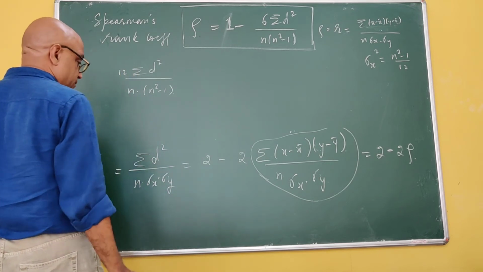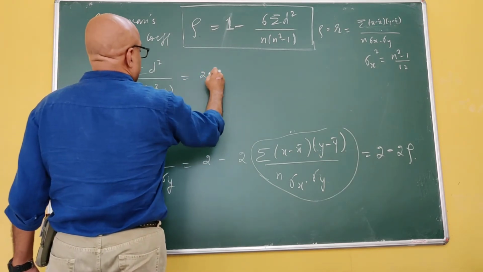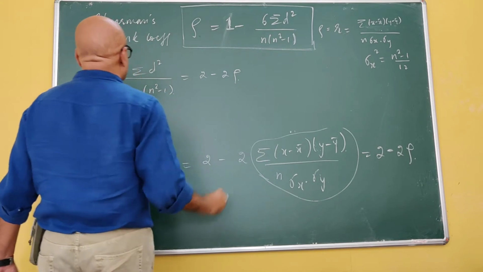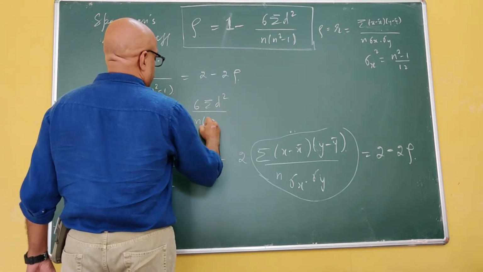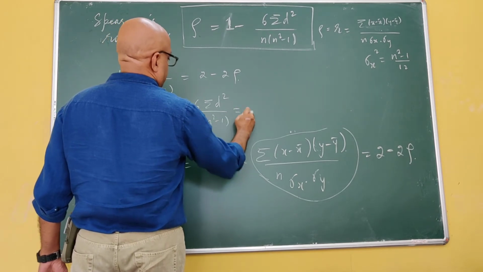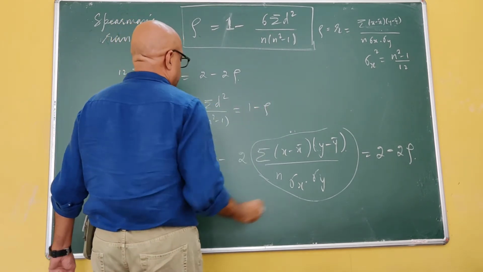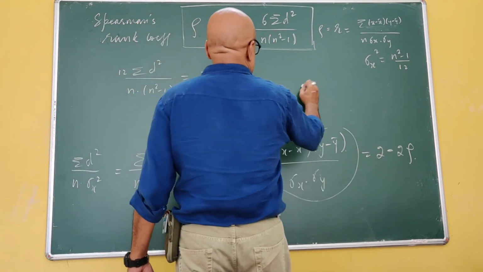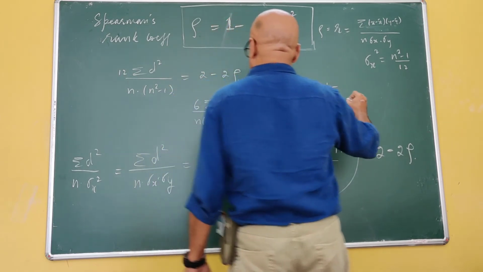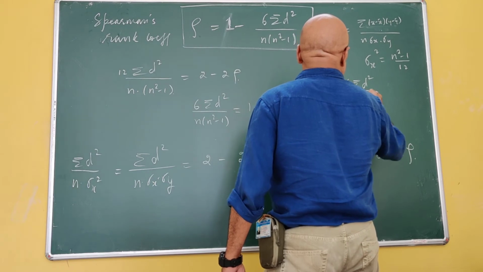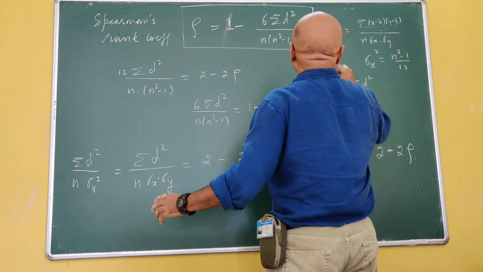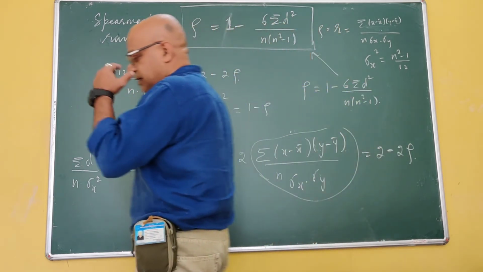The 12 comes here, and it becomes equal to 2 minus 2 times rho. Therefore, what you get is 6 times summation d square divided by n into n square minus 1. You see what is happening now. And therefore, rho becomes equal to 1 minus 6 times summation d square divided by n into n square minus 1. That is the formula, right?